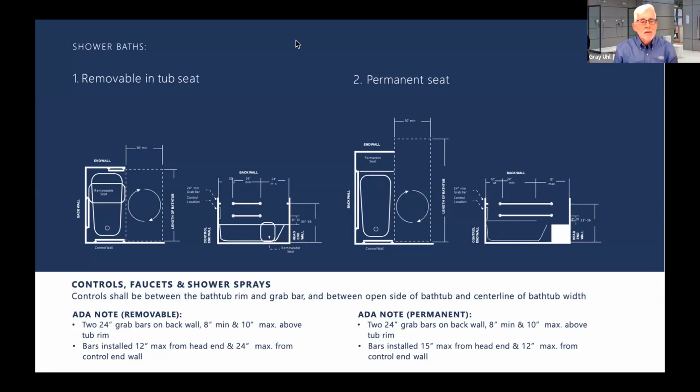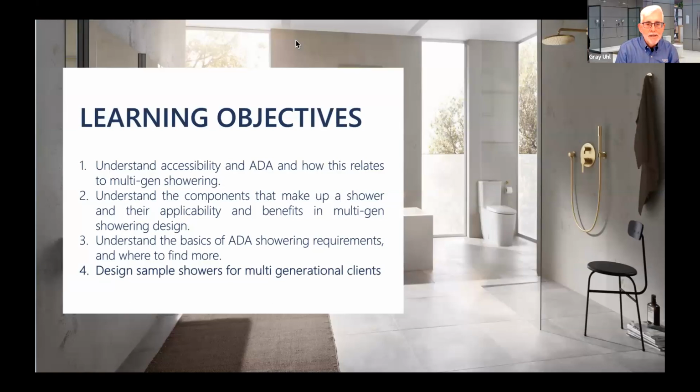So in the case of the movable seat, typically the controls are, if I understand correctly, on the opposite wall. If it's a permanent seat, typically the controls should be next to you. So again, dive into the specifics and be sure to check with ATS to make sure you get it right.